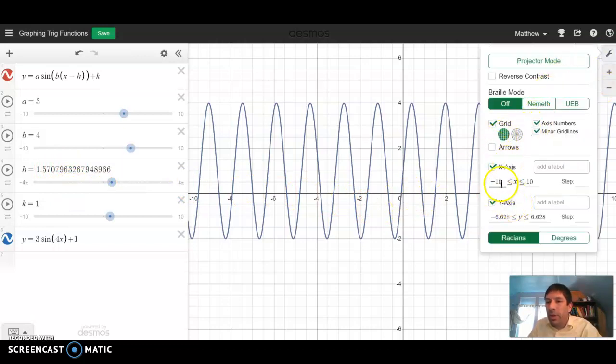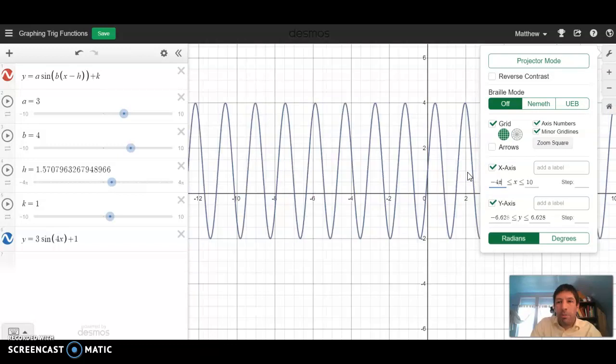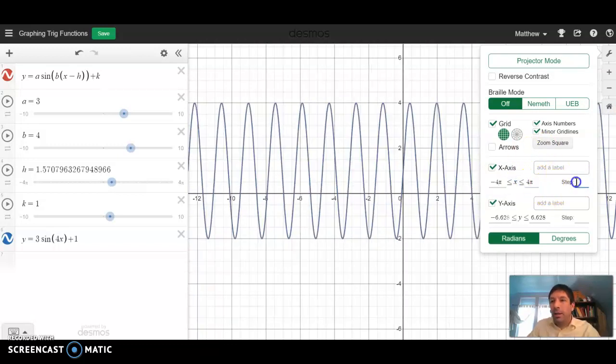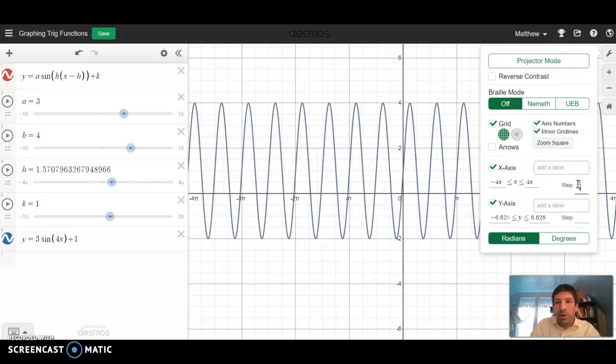Actually, something else I'm going to do here too is I'm going to change this x-axis to go from -4 pi to 4 pi, counting by pi over 4.